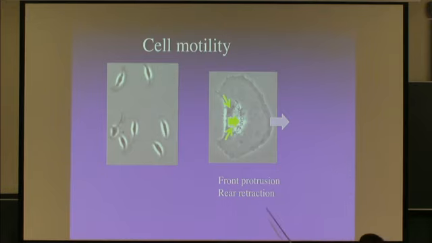And so by now you know that cell motility involves, to a great extent, protrusion of the front edge of a cell, as well as retraction of the rear, and that this is organized by orchestrating actin and myosin and many other things in the cell.